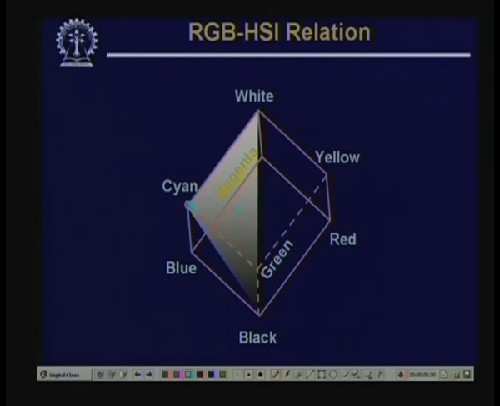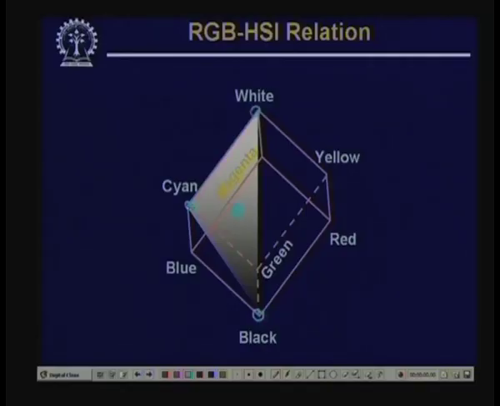Because white is a balanced color which contains all the primary components in equal proportion and black does not contain any color component, these 2 points cannot contribute to the hue component of any point in this plane. The only point which can contribute to the hue component is cyan. So, for all the points lying in this plane, the hue will be the same as the hue associated with cyan.